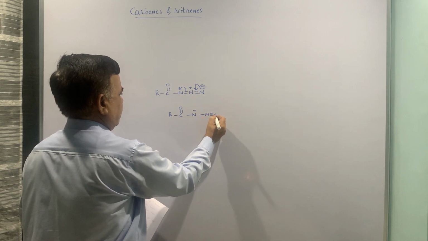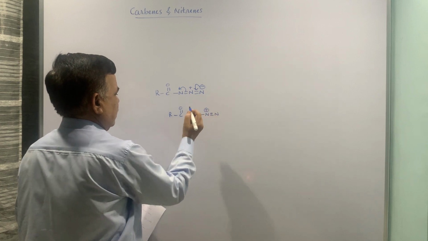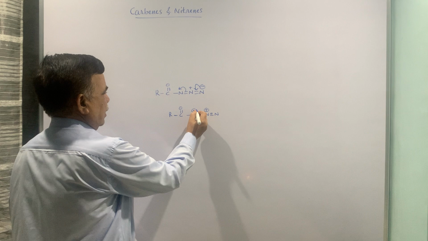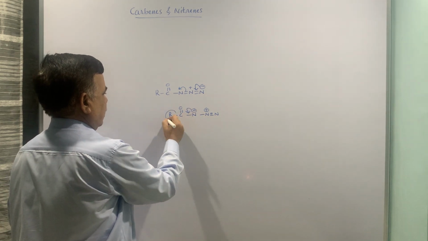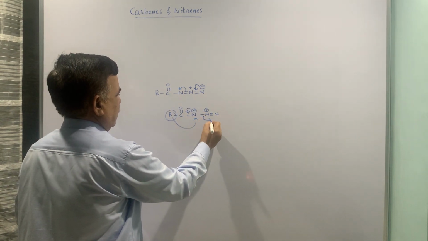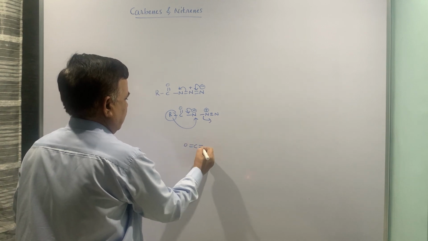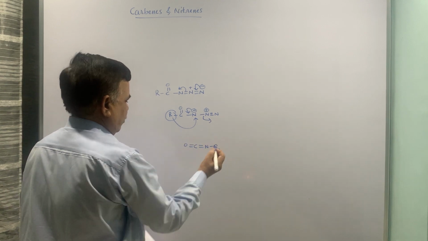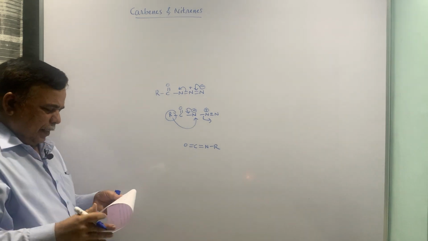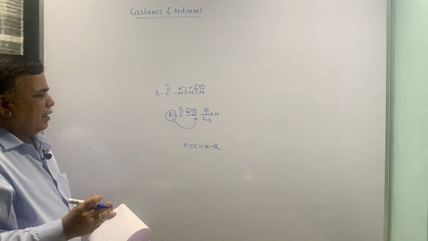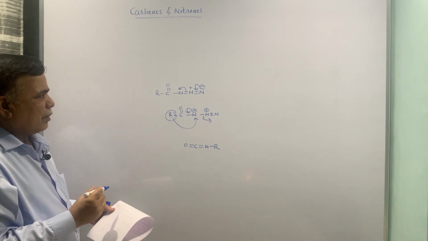So, ultimately you have nitrogen which is divalent and carrying negative charge, that is nitrine, and now here this goes off and you will be having isocyanate. Now, this isocyanate can become amine with the reduction of one carbon and so on.